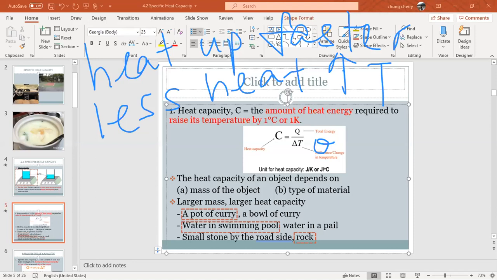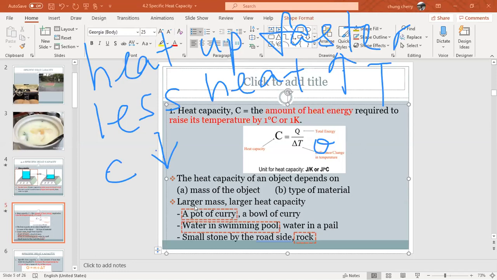That's why when less heat is needed to increase the temperature, we say the specific heat capacity is smaller. Remember, heats up faster, less heat needed to increase the temperature, which means it has smaller heat capacity.